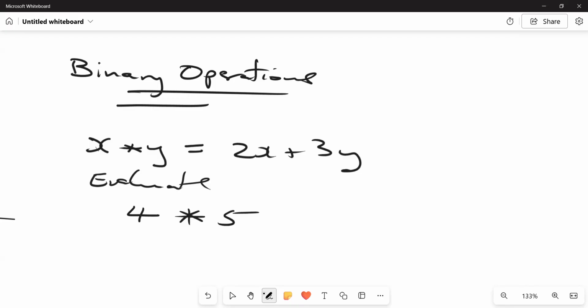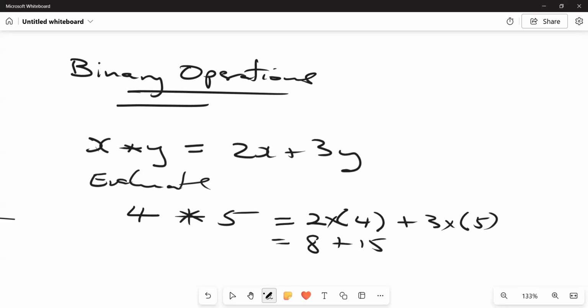You simply substitute, and here's where substitution comes in again. 4 you substitute in place of x, so 2 times 4, plus 3 times 5. If you want to put the multiplication sign, it's up to you. That'll be 8 plus 15, which is 23.